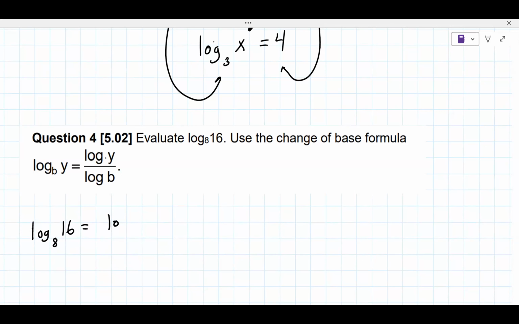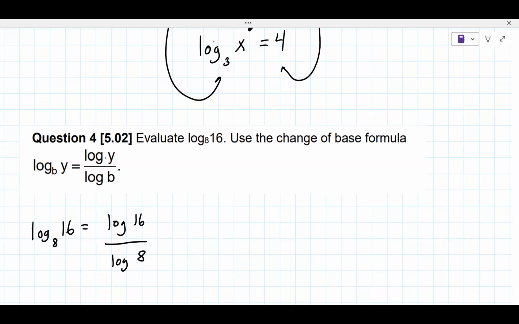Well, the y goes up top, so 16 goes up top, and 8 goes on the bottom. Would you have to solve it after that? It does not require you to do that. Now, you can, but it doesn't say to.